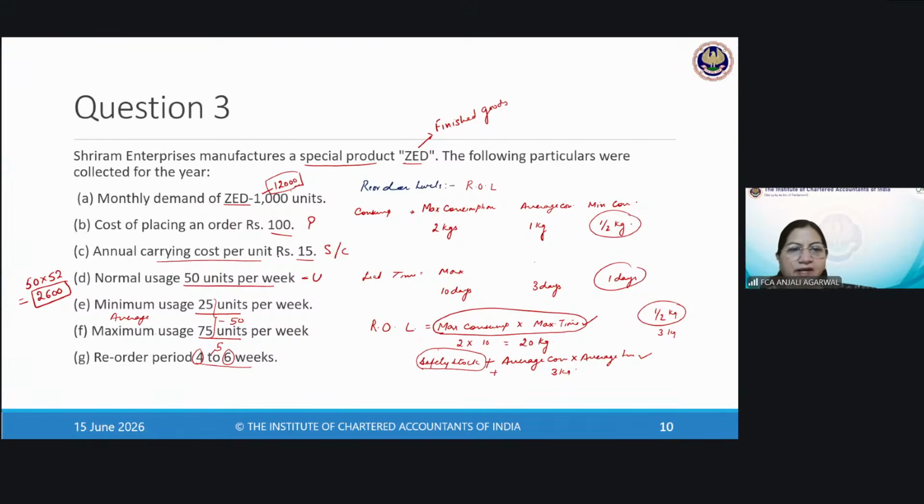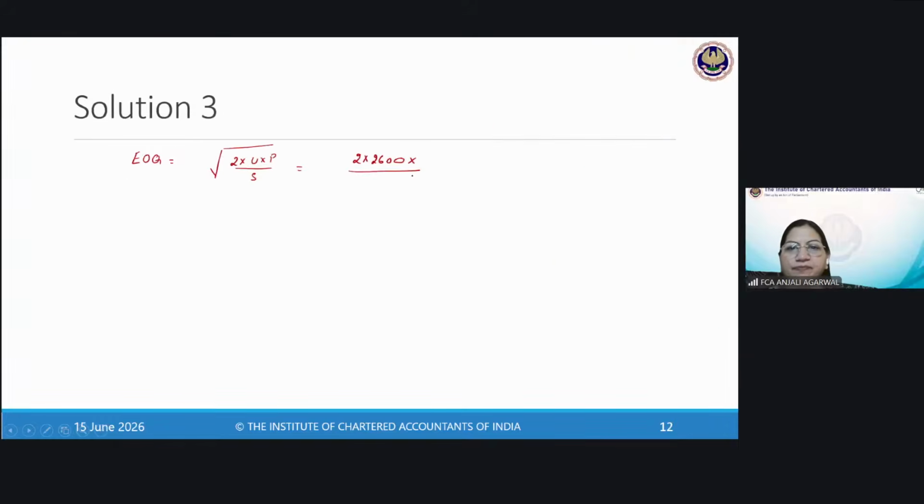Placing is 100 and storage is 15. So this comes out to be 186.18 units. So this can be rounded to 186 units.